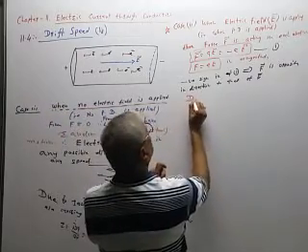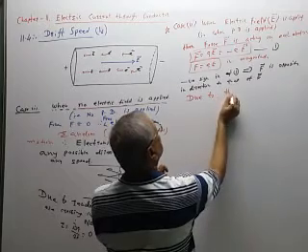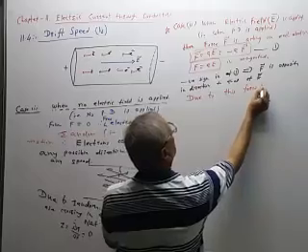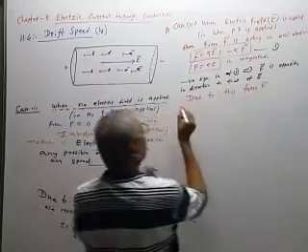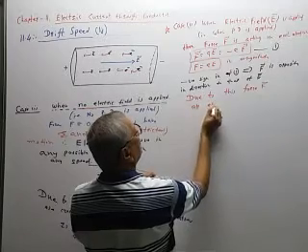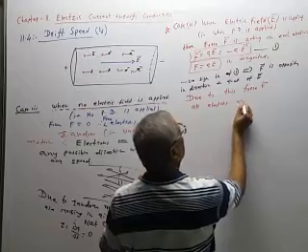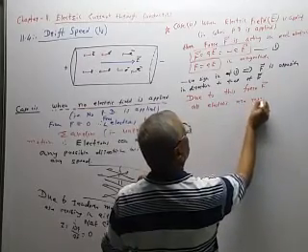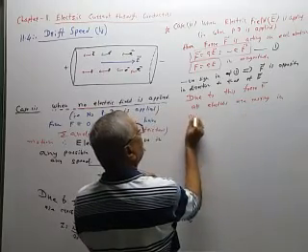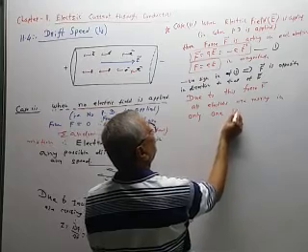What is the change in the motion? Due to this force F, all the free electrons are moving in only one direction.